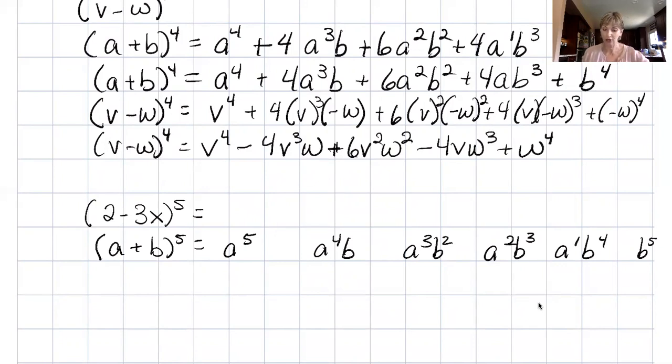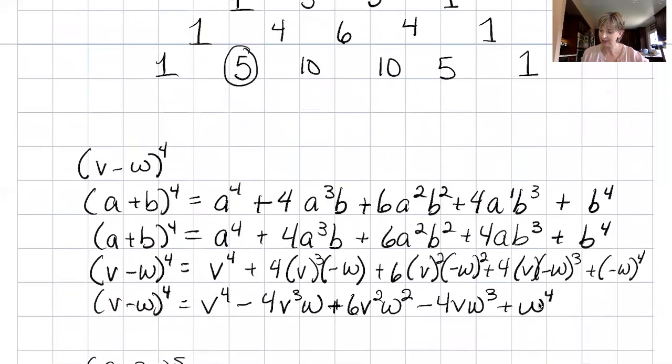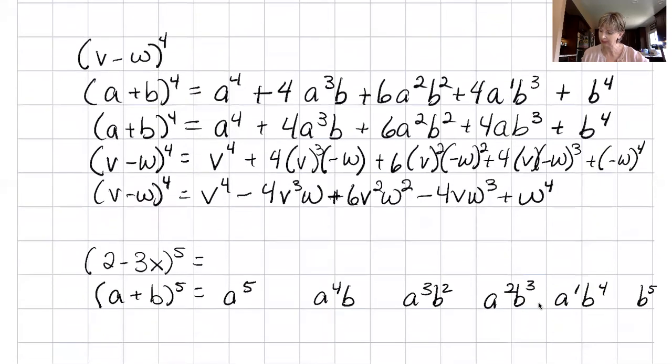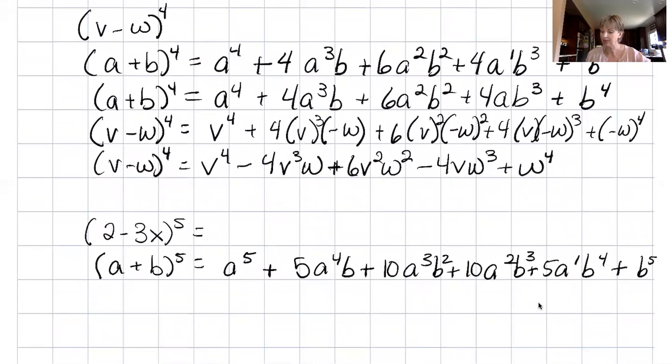And then our coefficients, which come off of our Pascal's triangle: 1, 5, 10, 10, 5 and 1. We just won't write the 1 there. We don't need to do that. And there's our binomial expansion for (a + b) to the fifth.